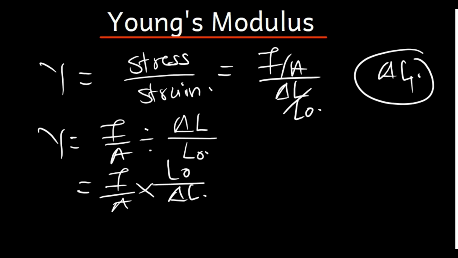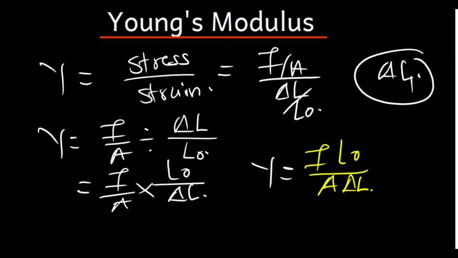It is also the same as extension. Sometimes they can ask you to find extension, or they can ask you to find compression, meaning they're asking you to find the change in L, the change in length. That is what we're talking about. So now this is going to give us Young's modulus. The Young's modulus is equal to the force times the initial length divided by area times the change in L. That is what I wanted you to understand.